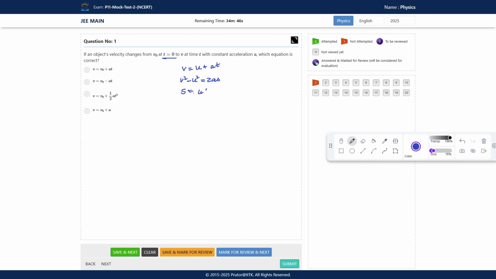These are the three equations of motion. So which one is correct?